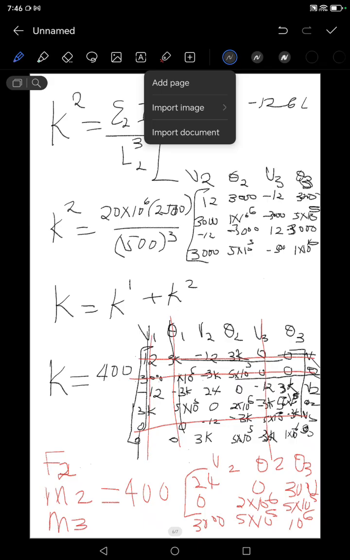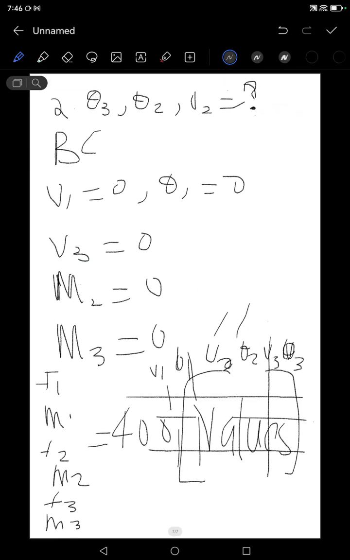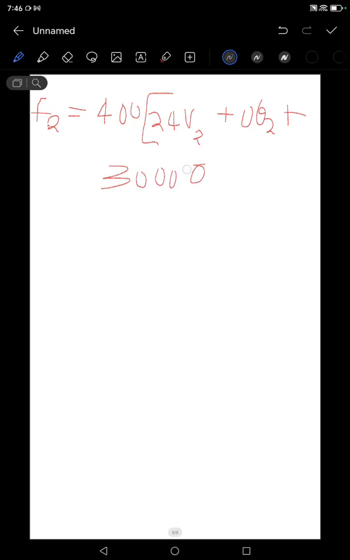So F2 equals 400 times (24 V2, plus 0 theta 2, plus 3000 theta 3).